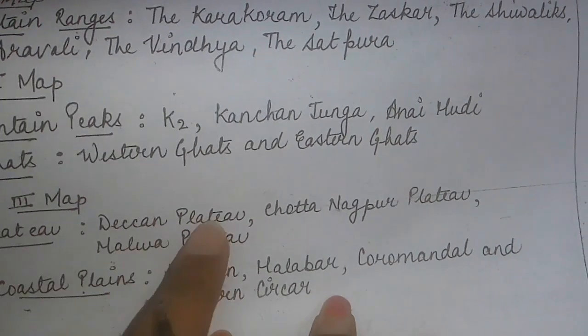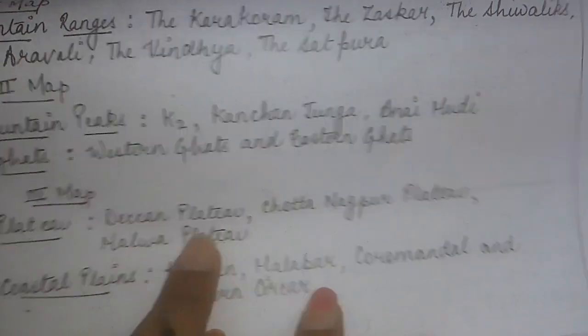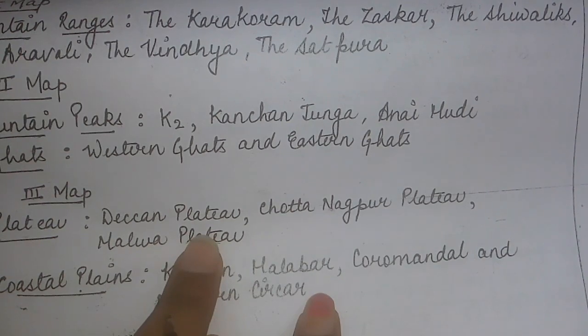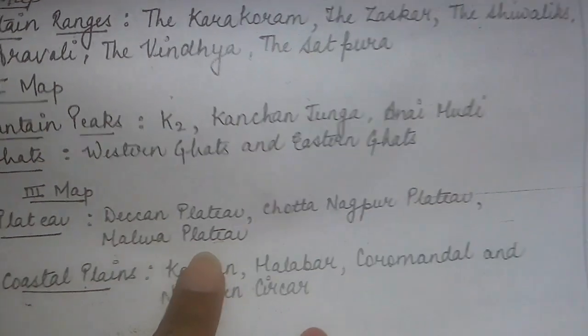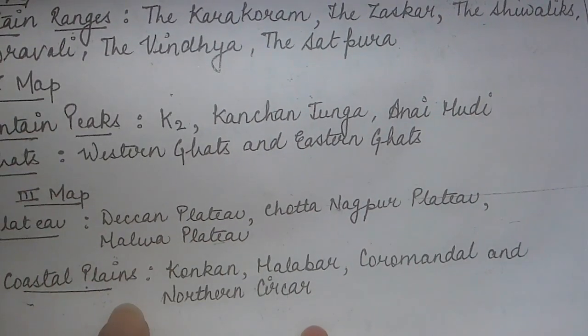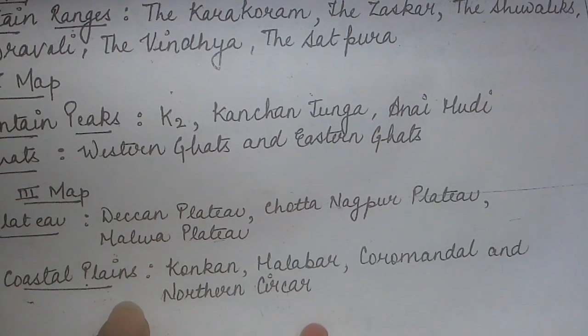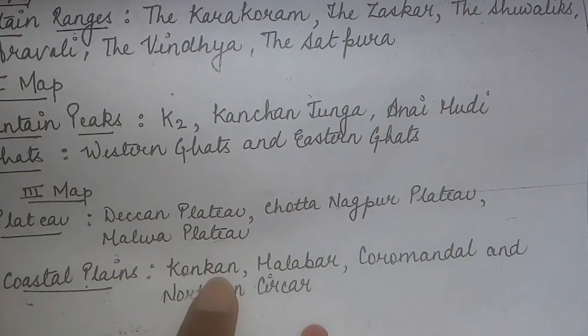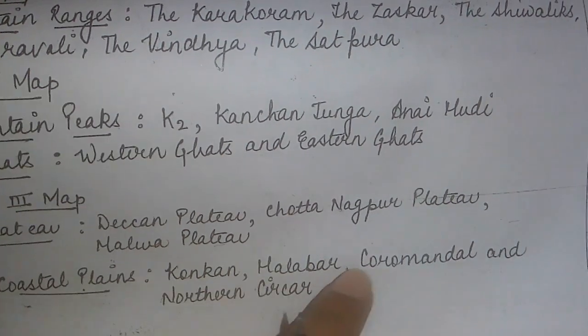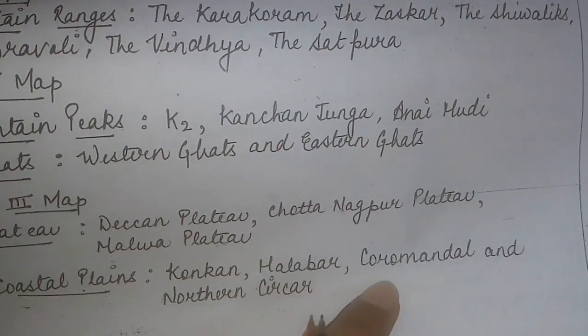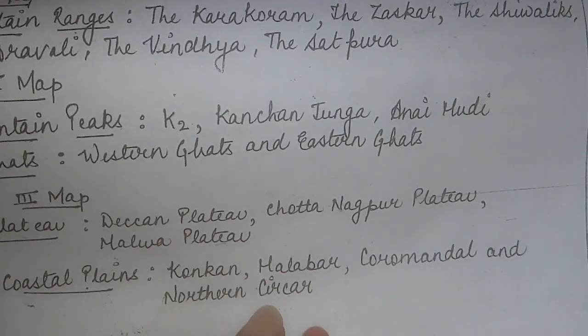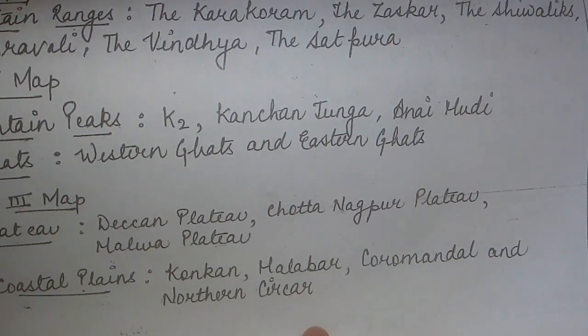Plateaus are the Deccan Plateau, Chota Nagpur Plateau, and Malwa Plateau. And in terms of coastal plains, how did we divide them? Konkan, Malabar Coast, Coromandel Coast and Northern Circars. These we are going to mark.